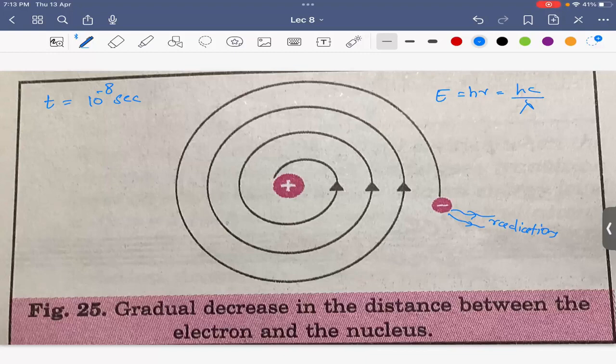So obviously, we may think that if the motion of the electron in orbit leads to instability of the atom, then why not consider the electron as stationary around the nucleus? A natural thought that comes to our mind is, if this moving theory is not able to explain the behavior, we can just assume that the electron is stationary around the nucleus.